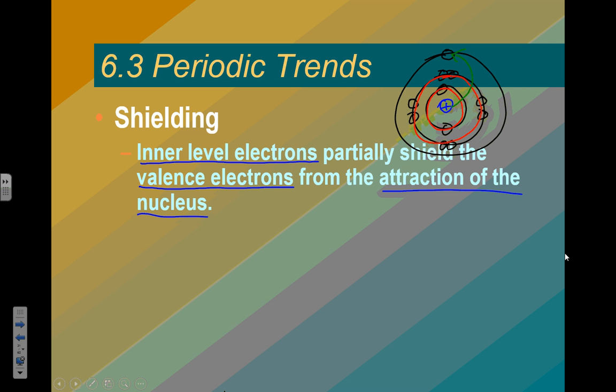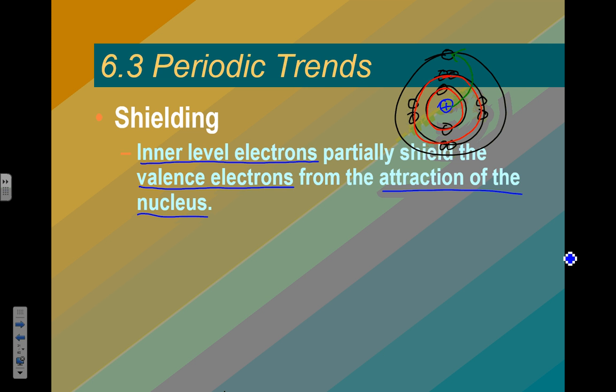And why do they do it? Well, think about it. Electrons are inherently all negatively charged. Well, negative charges repel each other. So all of these electrons in the inner core level are all repelling those valence electrons and each other away from that nucleus. Now, a valence electron can also add and repel. But when it's on the outside, it really isn't repelling effectively compared to the core electrons.